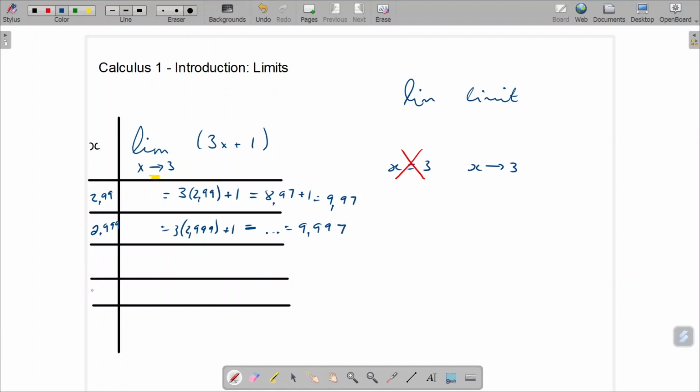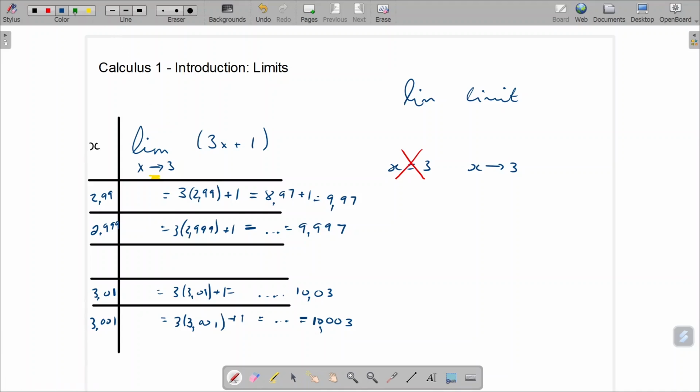If we let it equal 3.01, it would equal 3 times 3.01 plus 1. Sorry, I left off the plus 1. That equals 10.03. And if you let it equal 3.001, we'd get 3 times 3.001 plus 1, which equals 10.003.